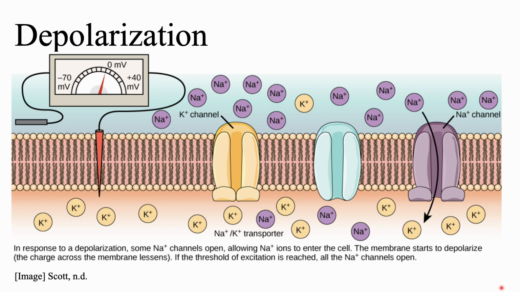Then, because of this change in charge and concentration differences with the sodium ions, the internal charge of the cell becomes more positive, as you can see here. As the cell's charge becomes more positive or less negative, it is called depolarization. This alters the ability of specific types of ions to enter or exit the cell.